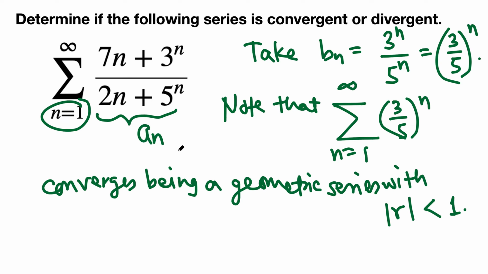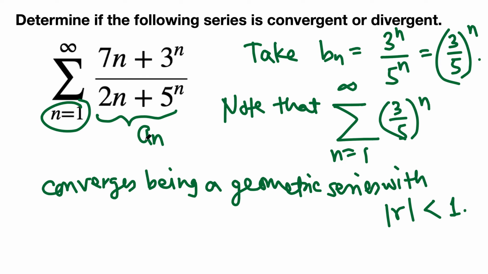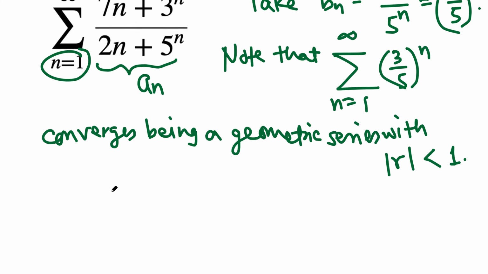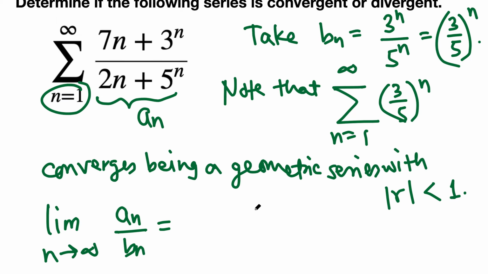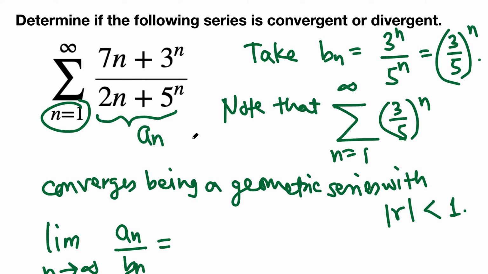Okay, now we want to look at the ratio of a_n and b_n at infinity. That is, we are trying to use the limit comparison test. So the limit at infinity of a_n over b_n, and we can apply this because every single term here is positive.